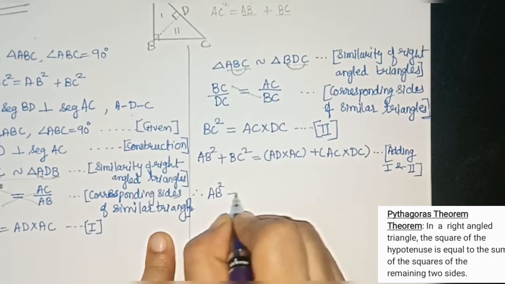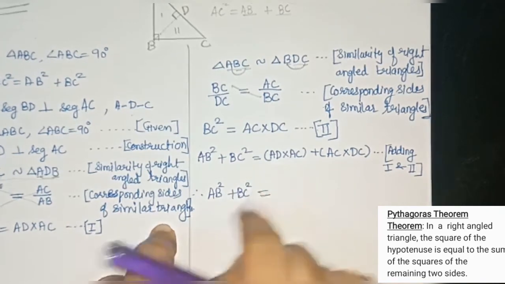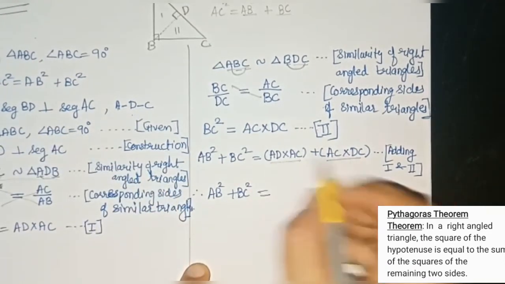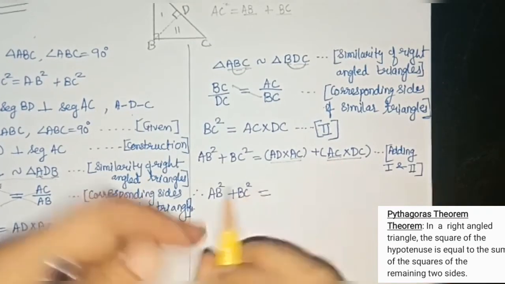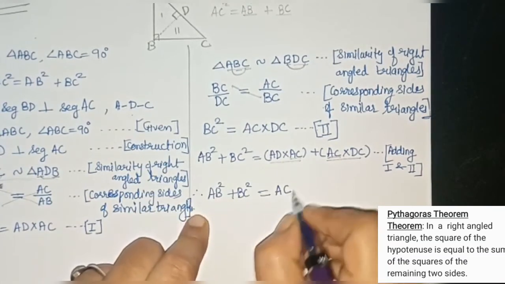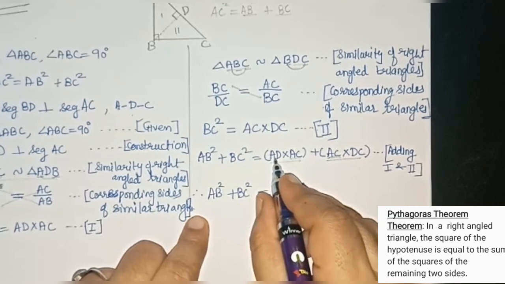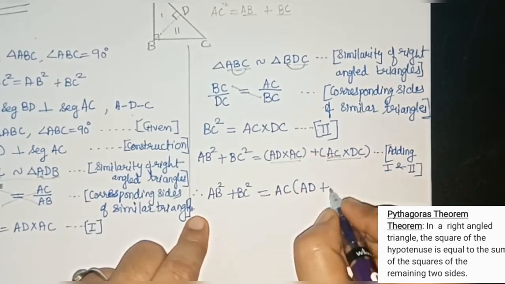AB square plus BC square is equal to, now we can see here in these two terms AC is common. So let us take AC common. So AC will be outside the bracket, and what will be inside the bracket? Inside the bracket we will get AD plus DC.